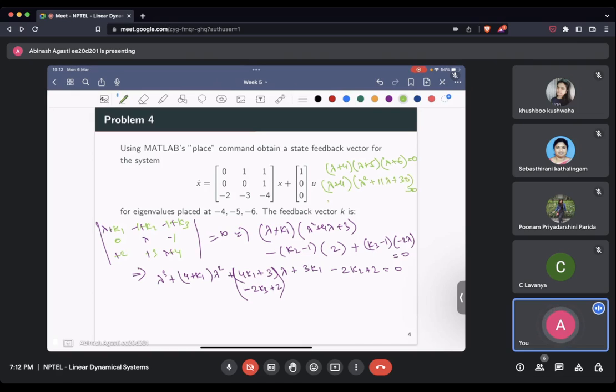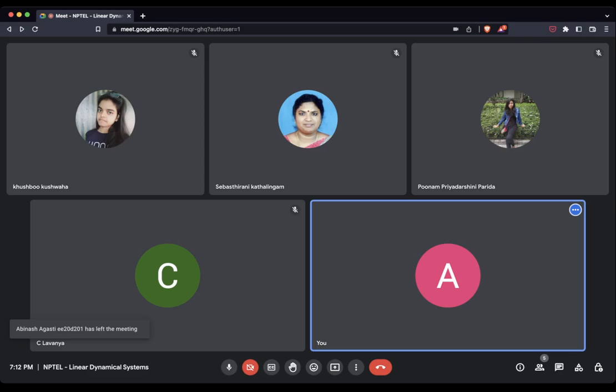This is lambda cube plus 15 lambda square plus 74 lambda plus 120. So the coefficients are 1, 1, then 15, 74, and 120. So what do I have here?